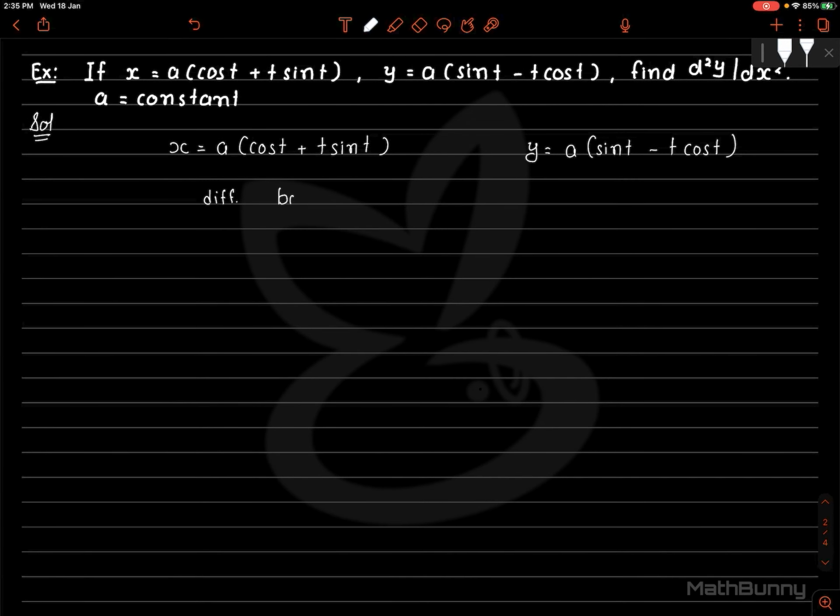Differentiate both with respect to t. On the left side, we will get dx upon dt, that would be equal to a into the bracket minus sin t, the chain rule will apply, plus sin t plus t cos t.